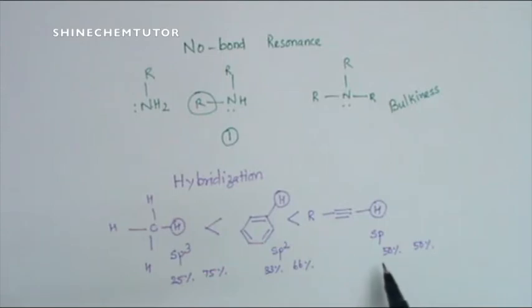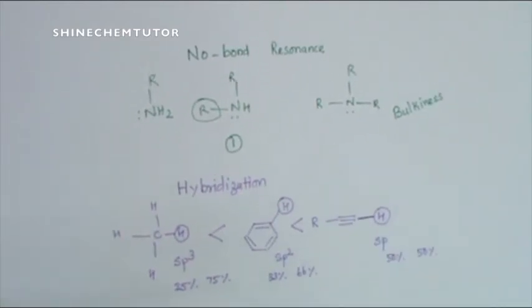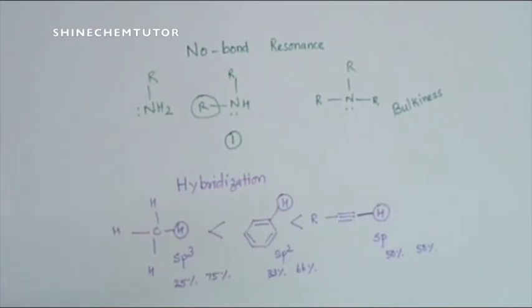Now, when the S character is more, the S orbital will be very close to the nucleus. The attraction will be more between the nucleus and the electron. So the bond pair electron is very close to the nucleus, so it is attracted towards the nucleus.